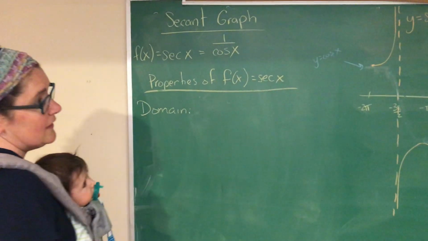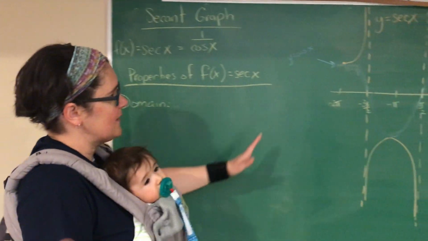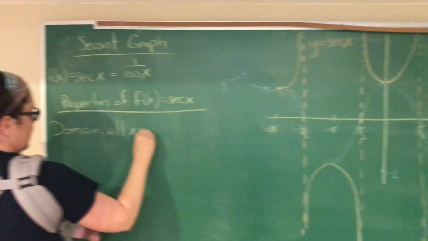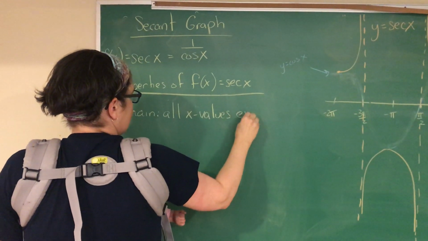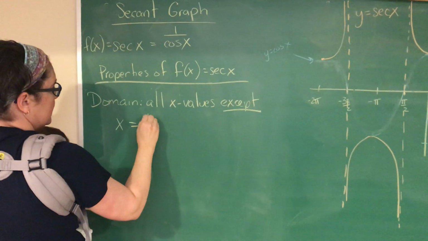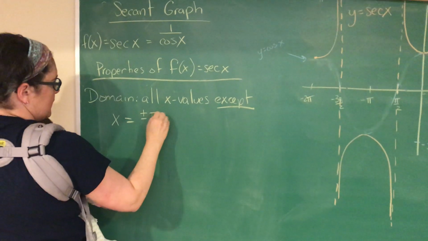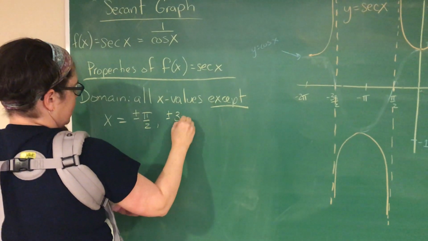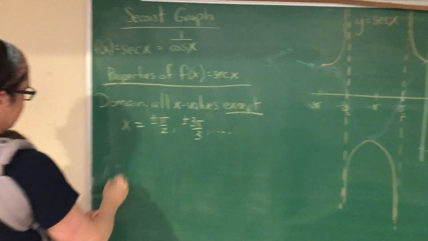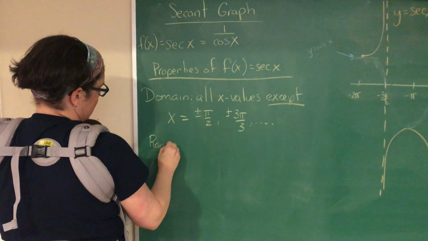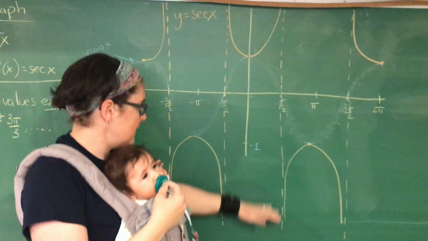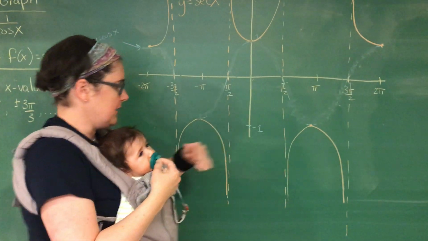of f of x equals secant x. Our domain, the allowable input values, are everything except for the vertical asymptotes. So all x values except x equals plus or minus pi over 2, plus or minus 3 pi over 2, etc. Our range, well, we have all of these negative y values from negative infinity up to negative 1.